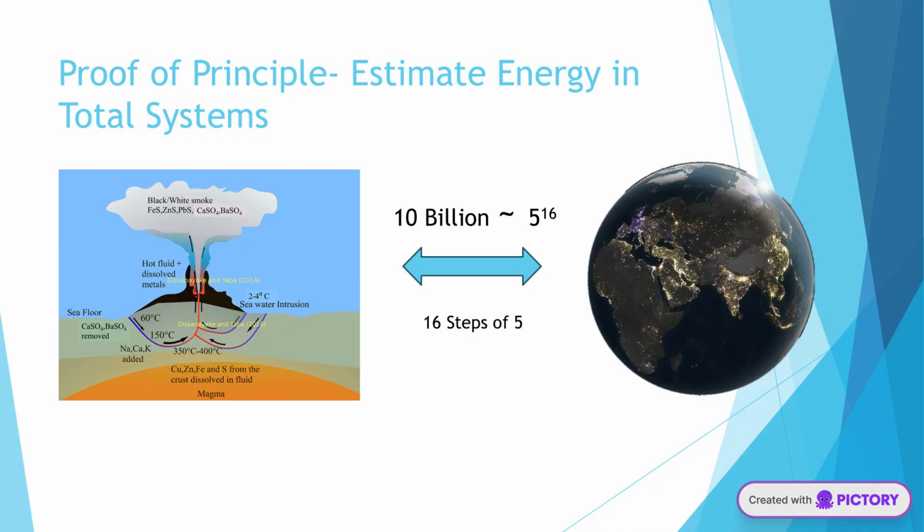A somewhat larger growth factor is plausible, as energy use per unit tends to increase over time. This approach can be extended by estimating system energy at other scales, although doing so becomes more difficult due to challenges in defining appropriate system boundaries.